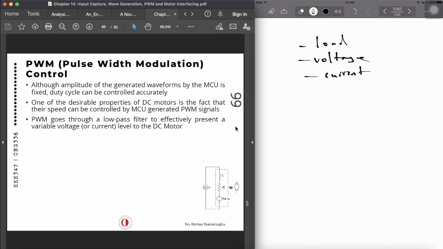With a fixed amplitude, the duty cycle can be controlled accurately, and it's one of the desired properties of DC motors that their speed can be controlled with PWM very easily. And PWM goes through a low pass filter to effectively present a variable voltage or current level to the DC motors.